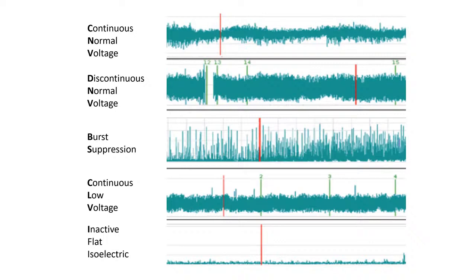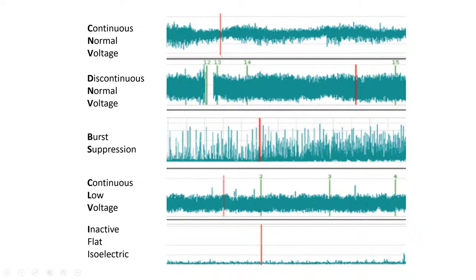So we have bursts, which are big, 25, 50, 75, 100 microvolts. And then we have suppression, almost nothing. So it's excessively discontinuous. And then with low voltage, you just have lack of activity.